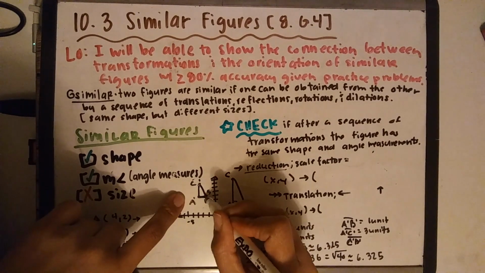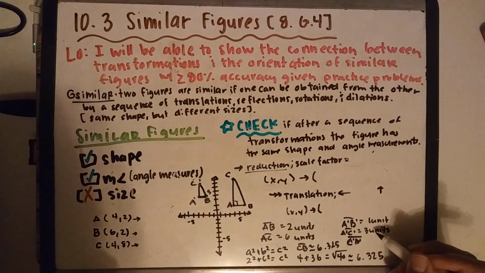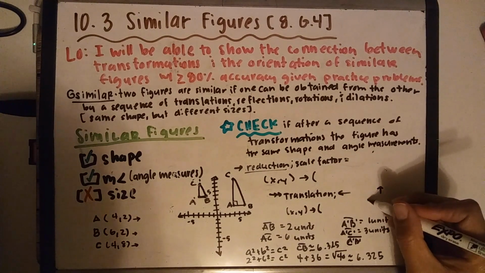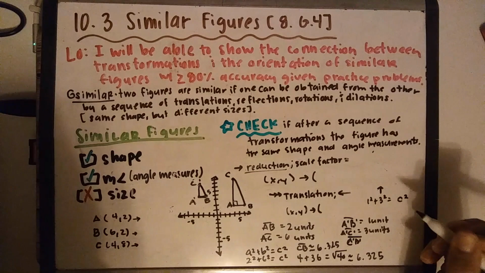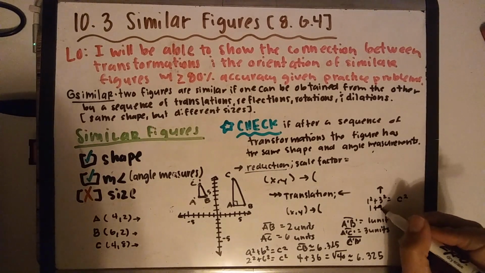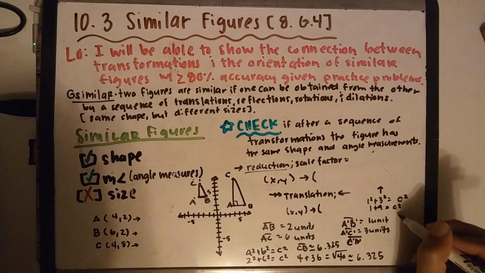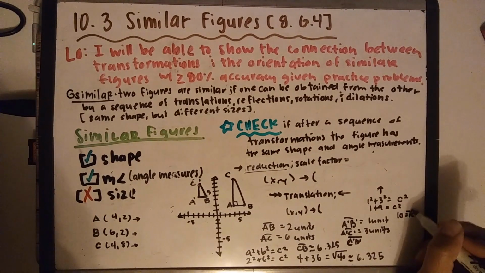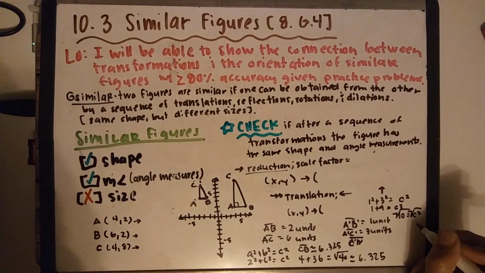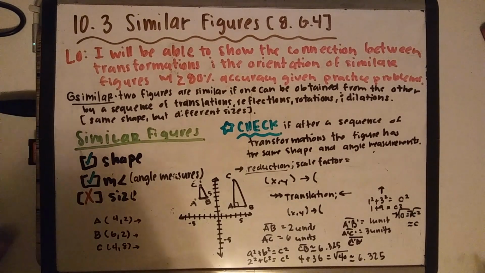Then I'm going to square those two. So I have 1 squared plus 3 squared, and that's going to give me my c squared. So I have 1 plus 9 equals c squared, so 10 equals c squared. To get rid of the square, I take the square root, so c is approximately the square root of 10.